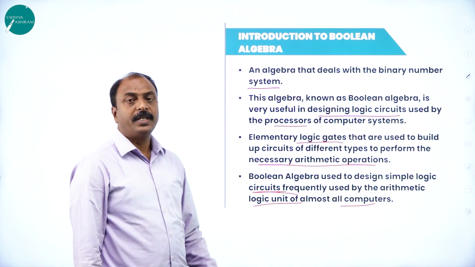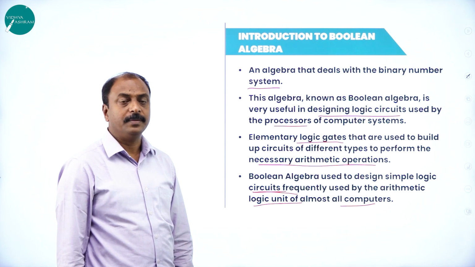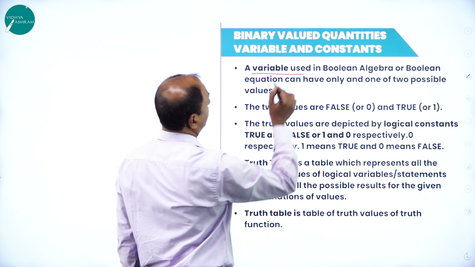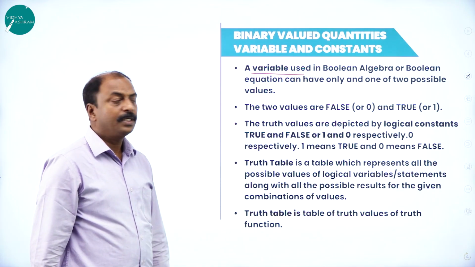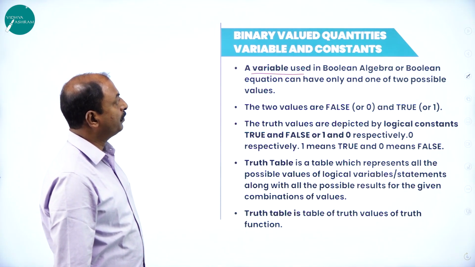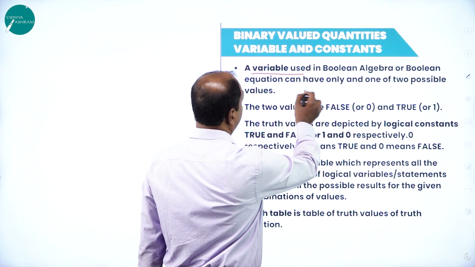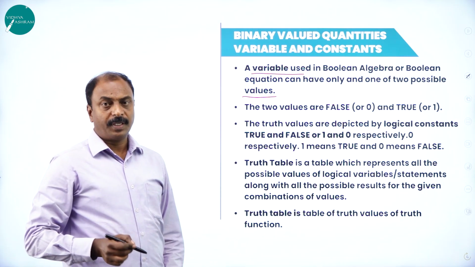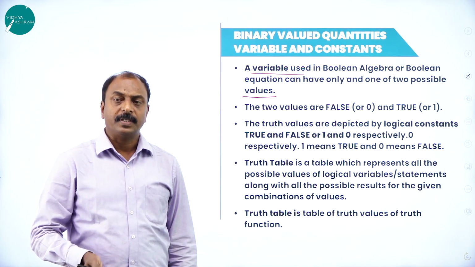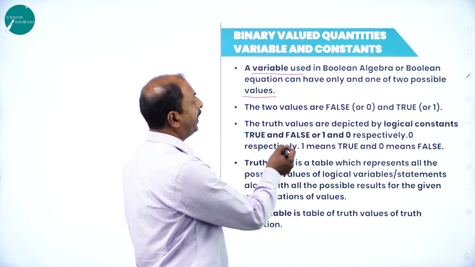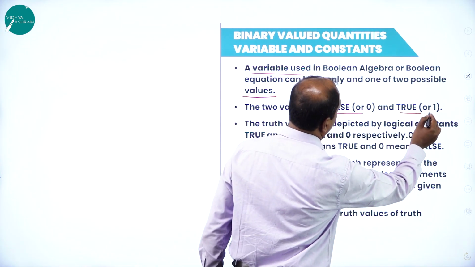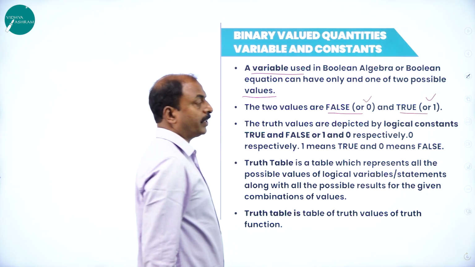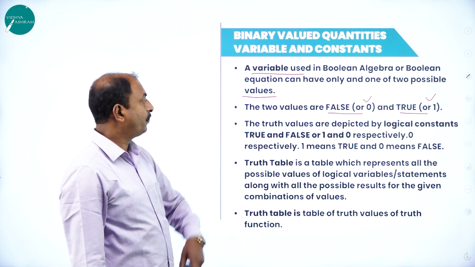So this is the definition of Boolean algebra. In the next slide, we will see what variables in Boolean algebra are. A variable used in a Boolean algebra or Boolean equation can have only two possible values. It is a variable to store either of the two possible values. The two values are false or true, or we represent them as 0 and 1. Here 1 stands for true and 0 stands for false.